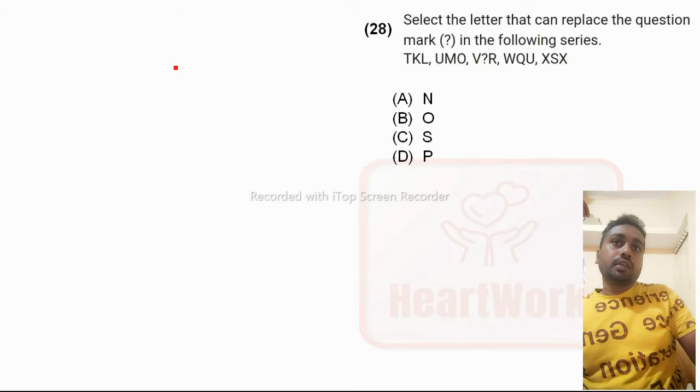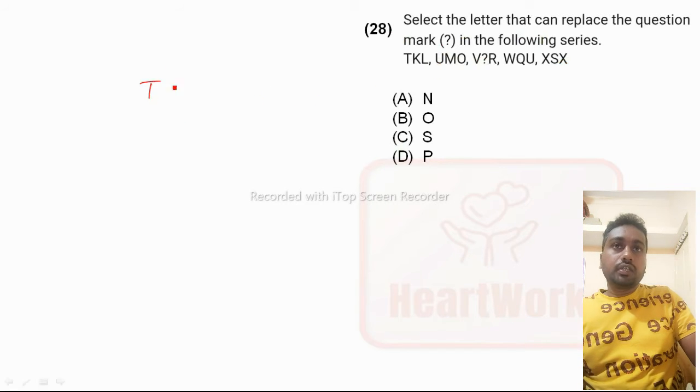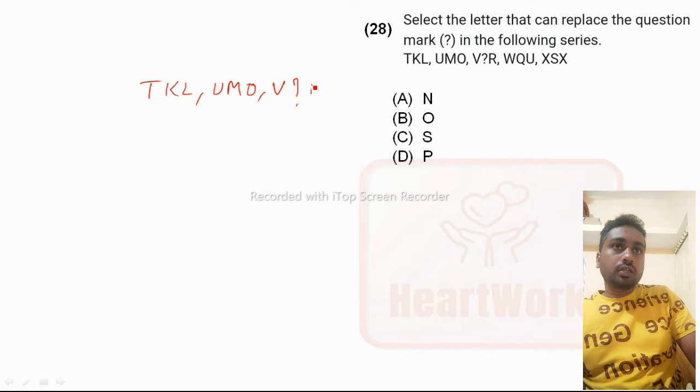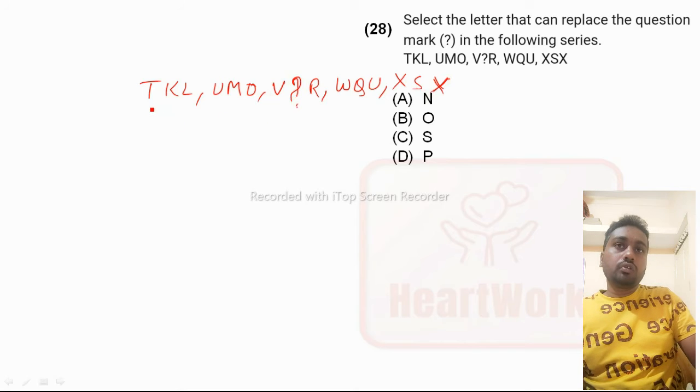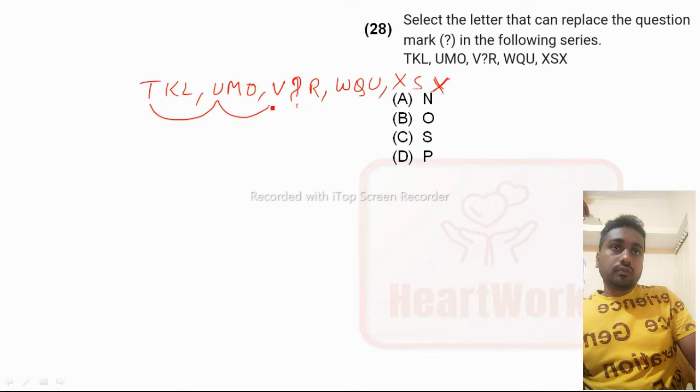Here one sequence is there: T, K, L, U, M, O, V, one question mark, and R, W, Q, U and X. Now we need to find this question mark. If we go T, U, V, then W, then X, alphabetically it's going on.